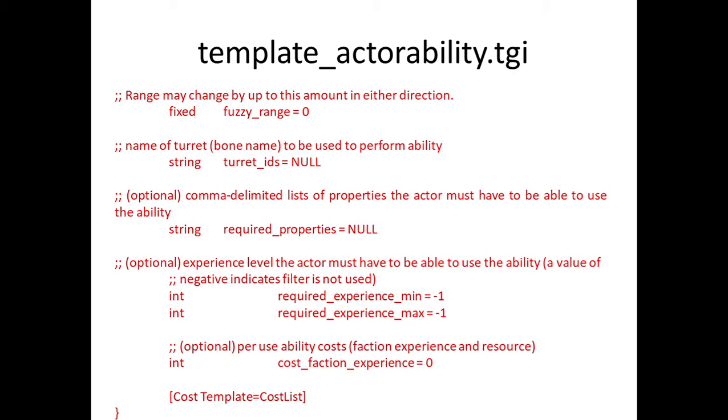Basically, if the properties required here, under required properties, are present on the unit, and they must be on the unit, you may have noticed if you mod this game that required technologies for units, to produce a unit, are not actually required to be applied to the HQ.